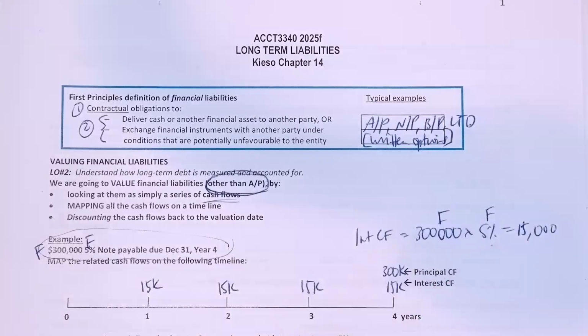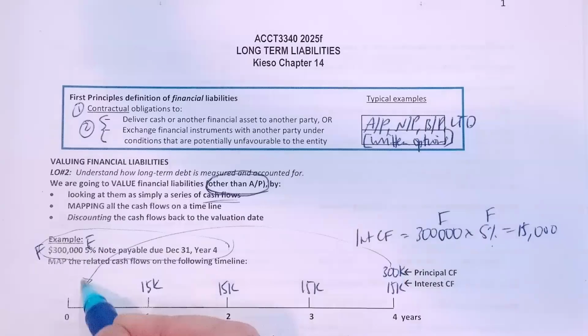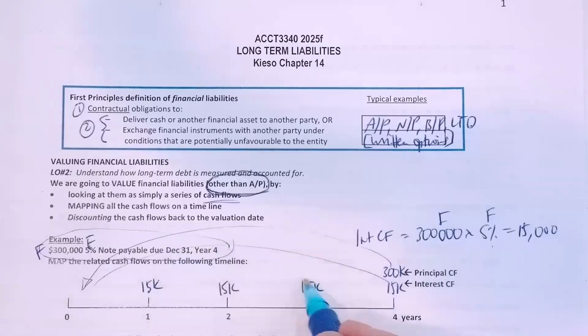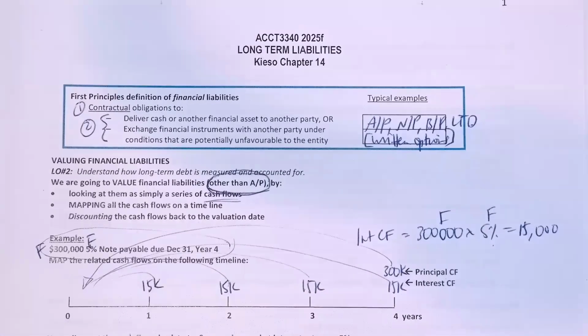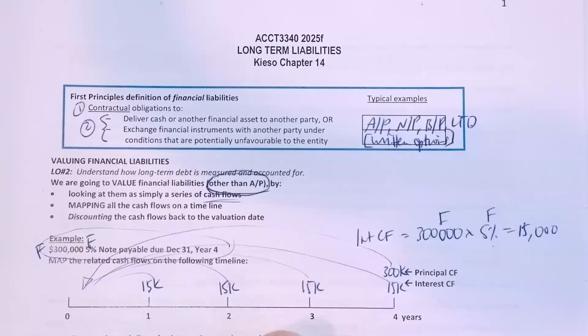So we're going to discount the cash flows back to today. The 300 and then the 15s. So the 300. Now on the exam, I can't give you Excel. We're going to do paper exams.